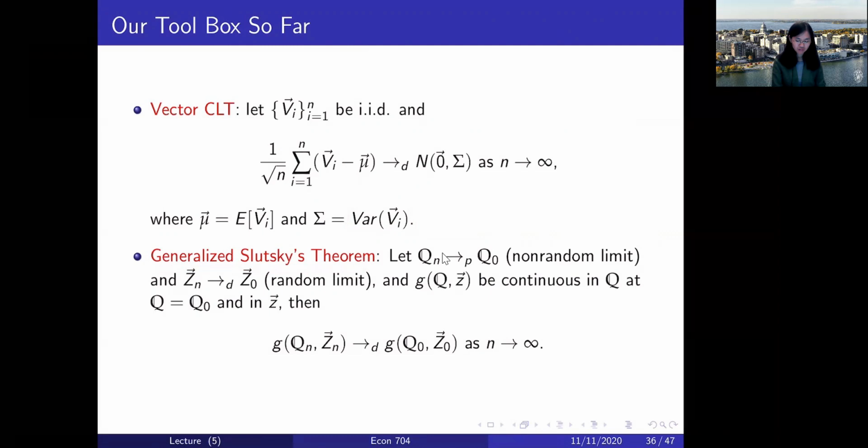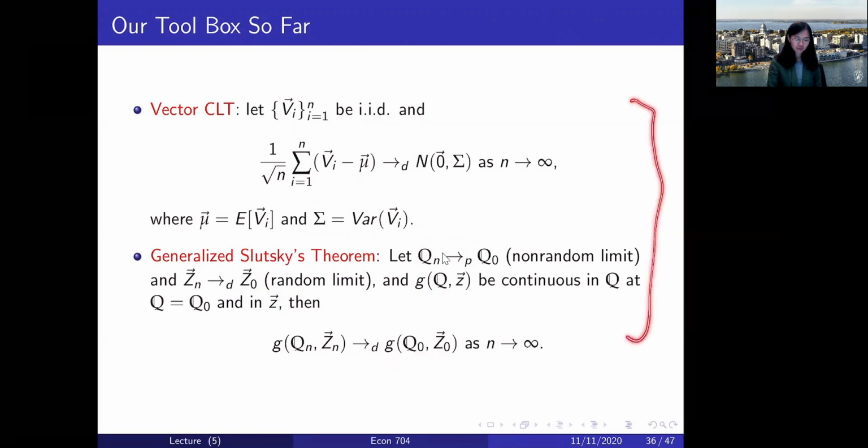So it says if you have a Qn matrix that converges in probability to Q0, and a Zn vector that converges in distribution to a Z0 vector, where the Z0 vector is random, and let's say G is continuous in Q at Q equals this non-random limiting point of Qn, and in Z everywhere, then G of Qn, Zn converges in distribution to G of Q0, Z0.